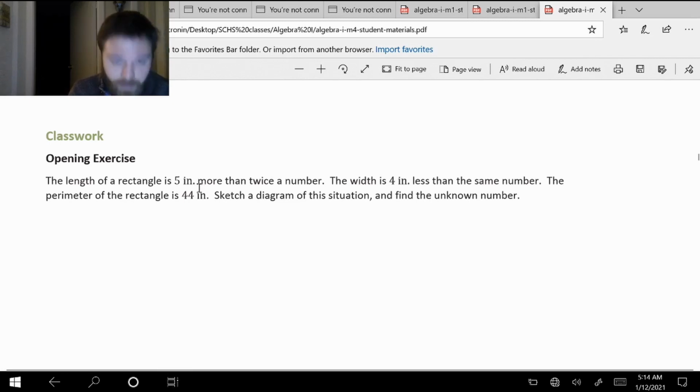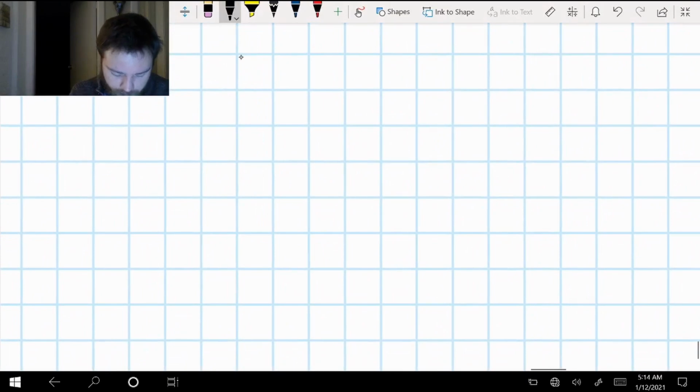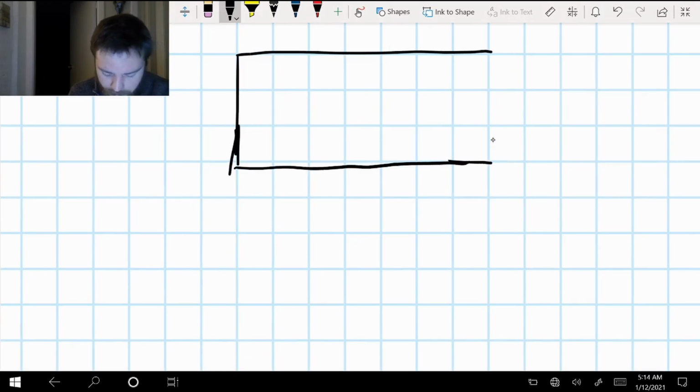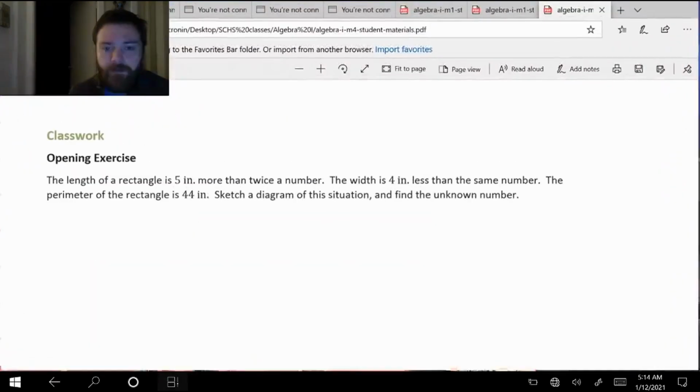So the length of a rectangle is 5 inches more than twice a number. Okay, so what I'm getting here is a rectangle. I'm going to draw this nice little rectangle out. And right here, I'm going to let this be my length, and this is going to be my width. And then I'm just going to read the problem, kind of outline some of this.